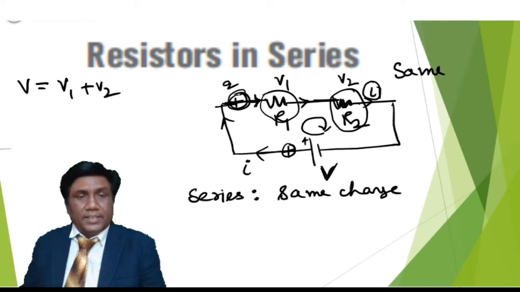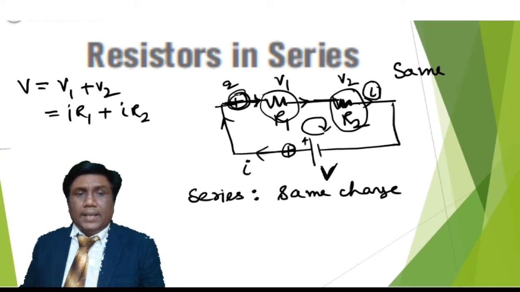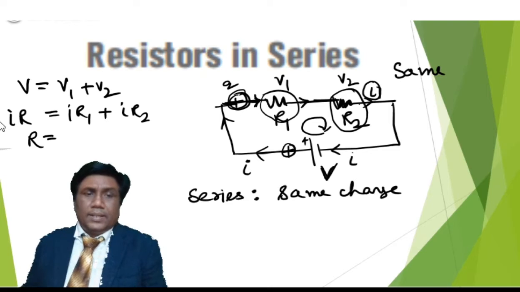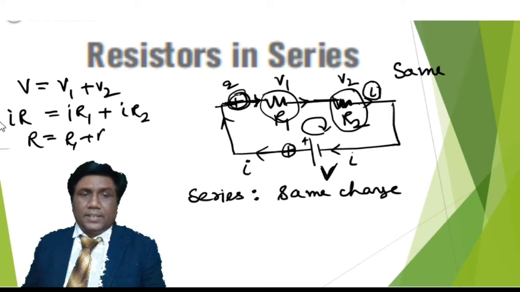V1 can be written as current into resistance, and V2 also as current into resistance. The net voltage can be written as net current, which is the current passing through the battery, I only, into the net equivalent resistance. So I gets cancelled, and R equals R1 plus R2.